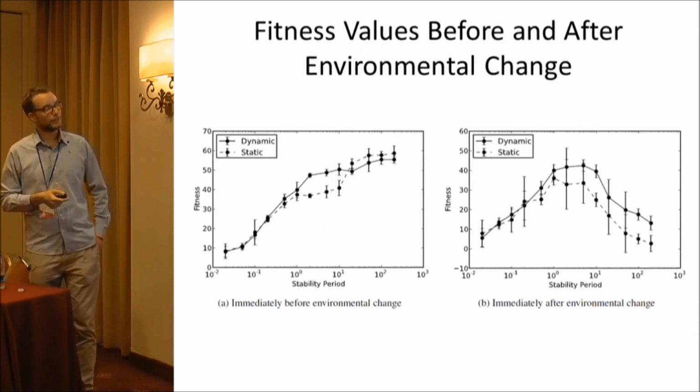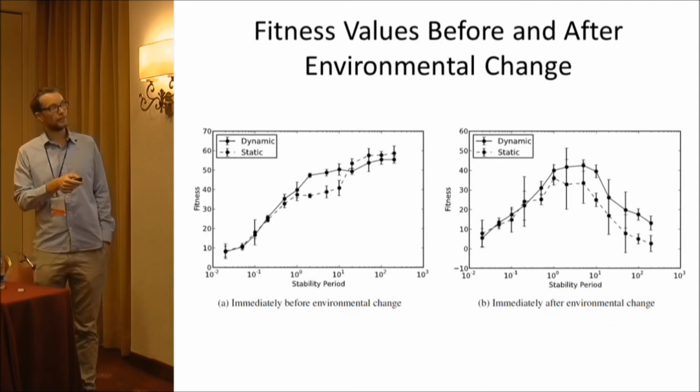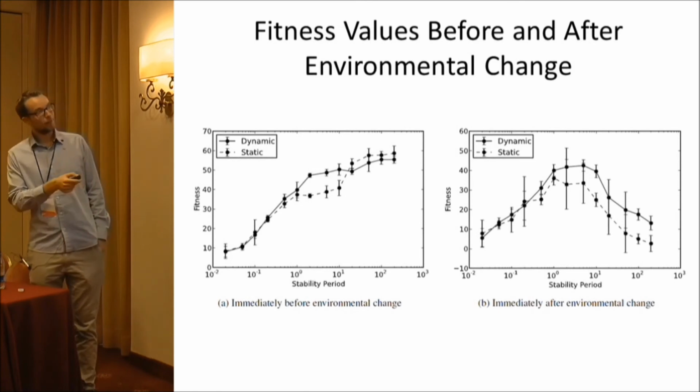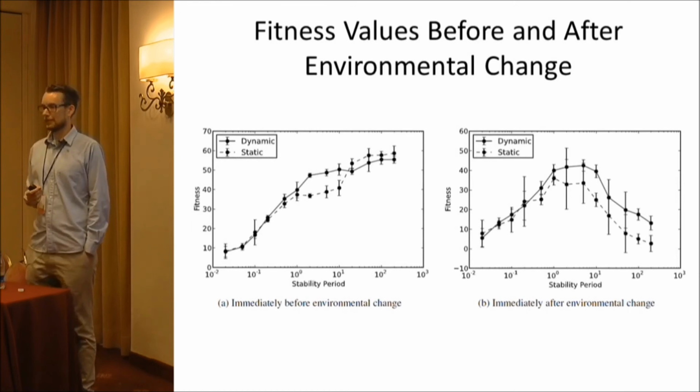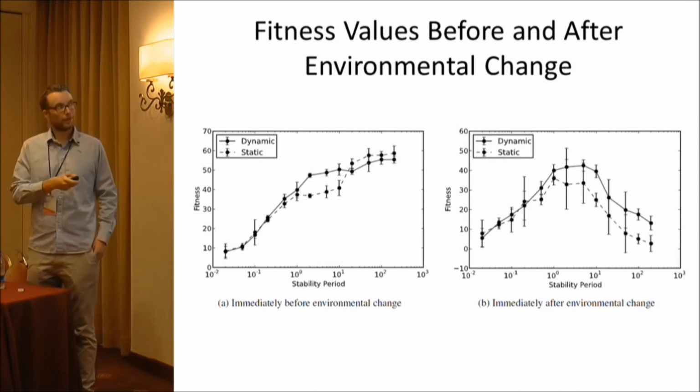Another thing I wanted to see was the fitness of these individuals. So the fitness is here on the y-axis, the stability period on the x-axis, from completely unstable to completely stable, and we see the evolved solutions here. And we see that the left plot here shows the situation just before an environmental change. So that means that the individuals now have gone a few generations where they have adapted to their environment, and we look at their fitness.